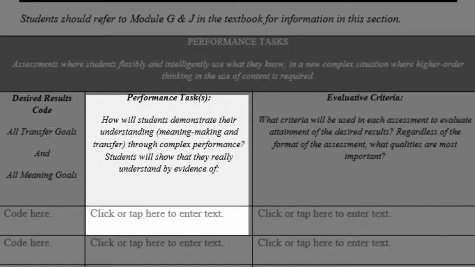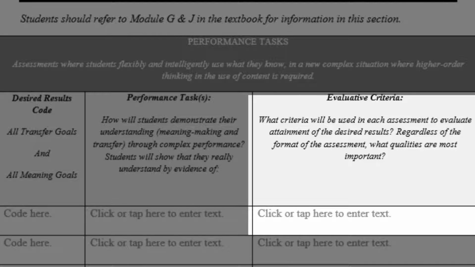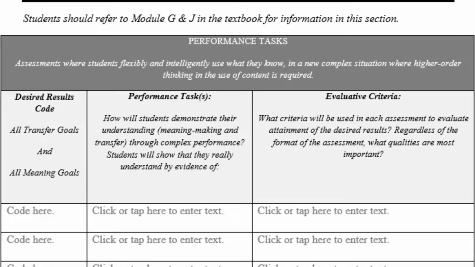Under performance tasks, we will be putting in how the students actually demonstrate those goals. And then right next to that we have evaluative criteria. So this is going to be the general criteria that will be used in each of these performance tasks to determine if the desired results have actually been met.